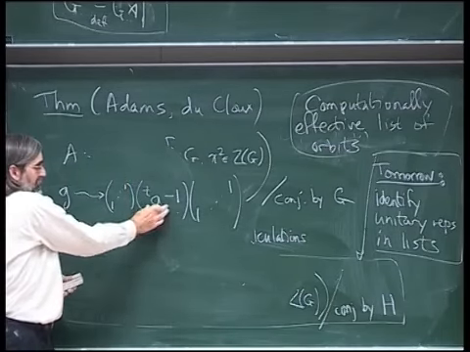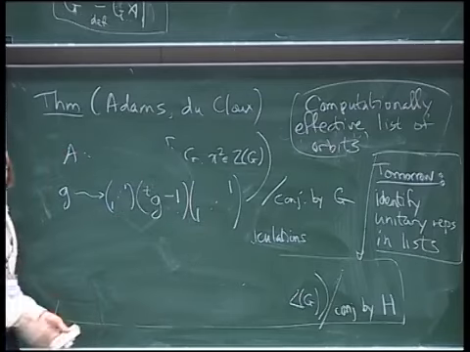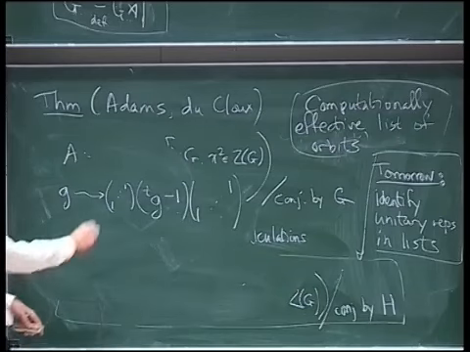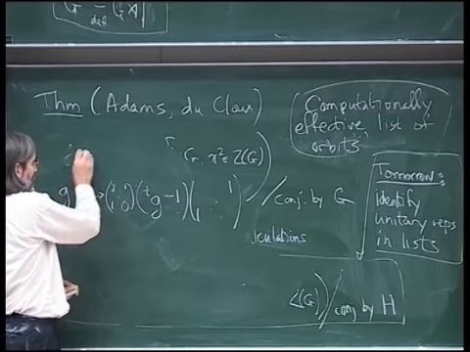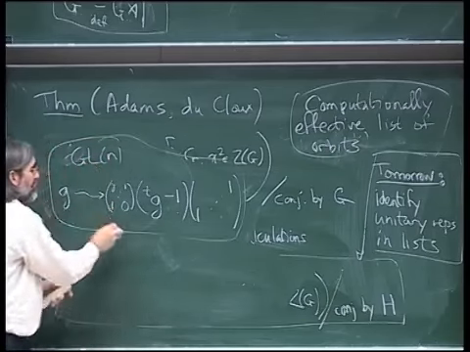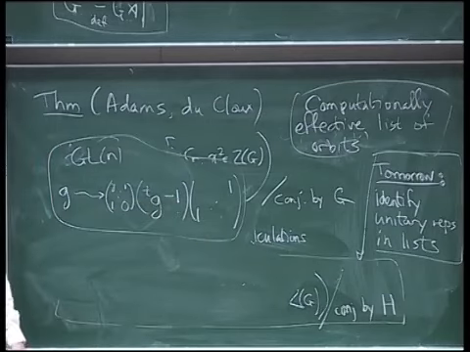Taking inverse transpose makes upper triangular into lower triangular, but then if you conjugate by this permutation matrix, so GLn or something, now it preserves the Borel subgroup.